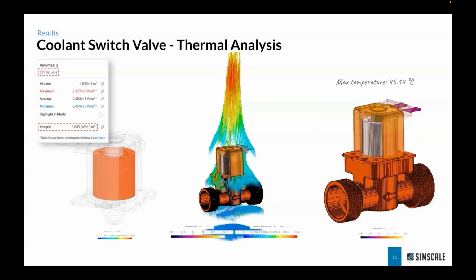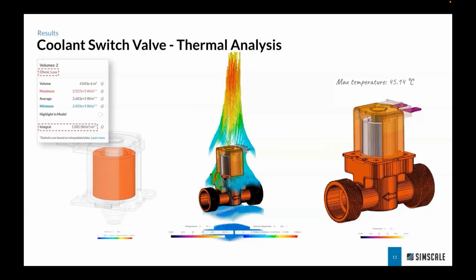For the cooling condition, I ran a natural convection simulation, meaning there is no forced airflow, and that's realistically matching how solenoid valves operate inside EVs in real life as well, because they don't have dedicated cooling fans or systems. From the results, we see the maximum temperature is reached in the coil, around 45 degrees.